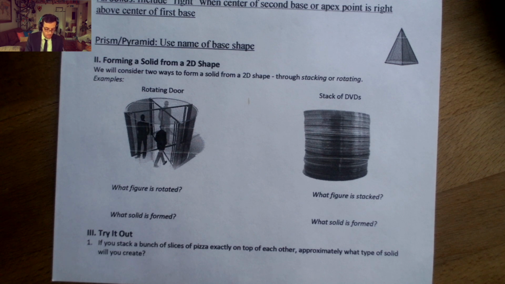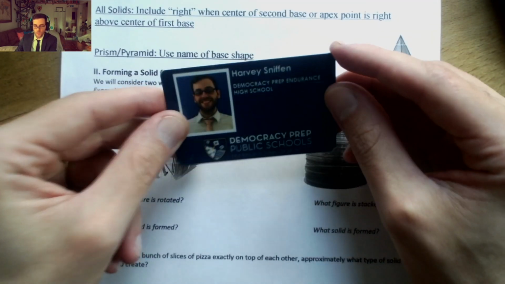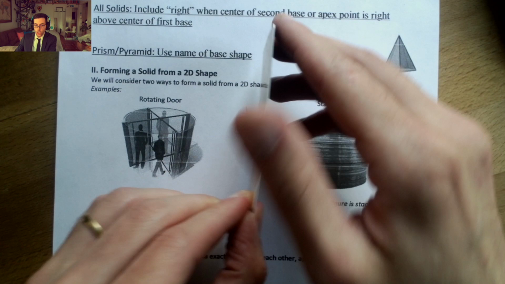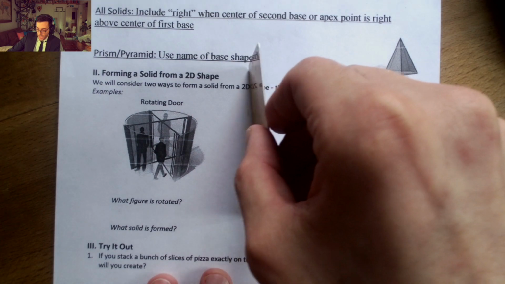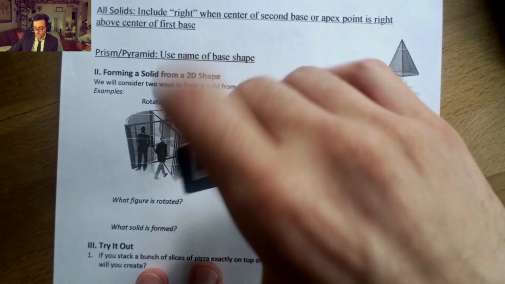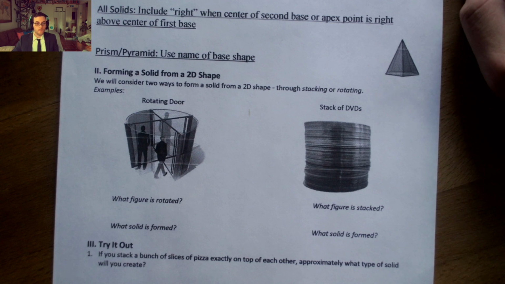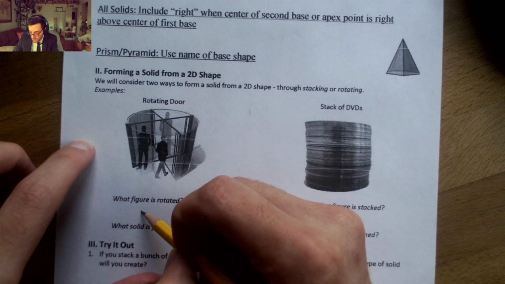Rotating as a particular type of concept, we can go ahead and say if we take our card, rotation, kind of as the name implies, allows us to take a two-dimensional object, say like a rectangle or a revolving door, and when we rotate it on an axis, on a centralized point, we end up creating a three-dimensional figure. When we're talking about something like a rotating door, we can say that the figure which itself is being rotated is a rectangle.